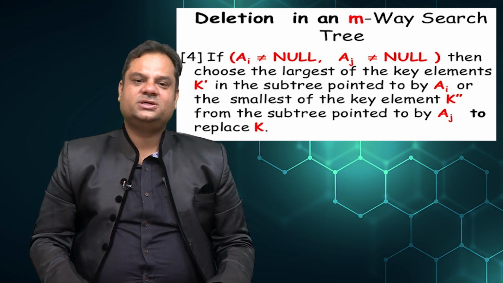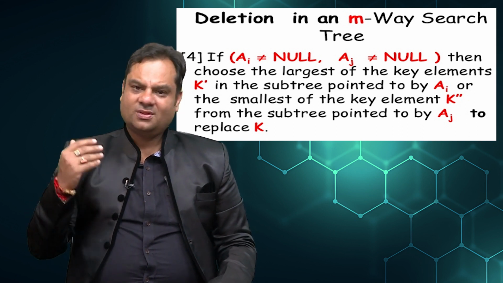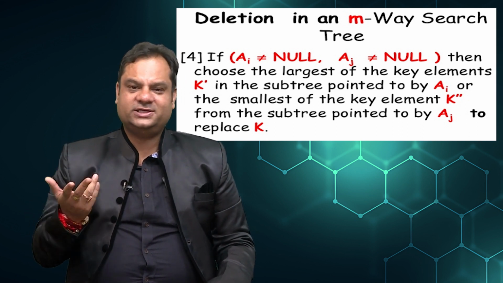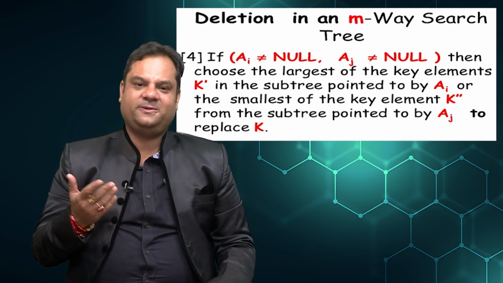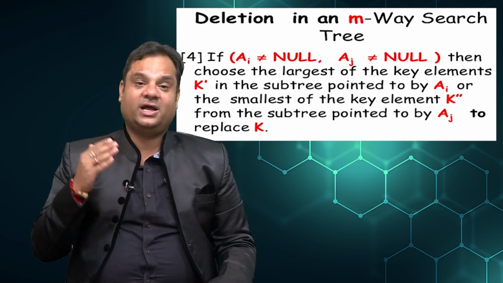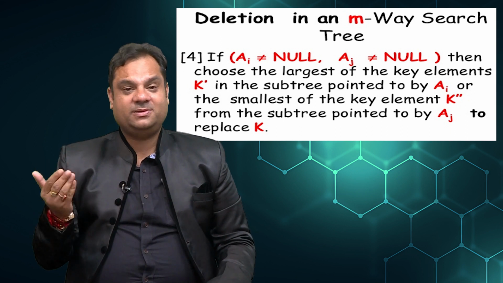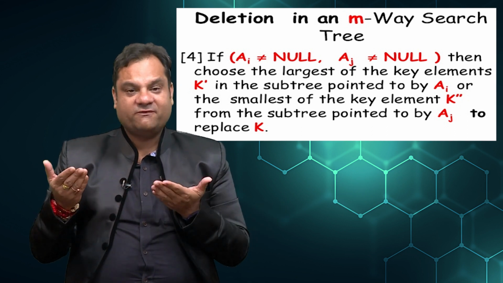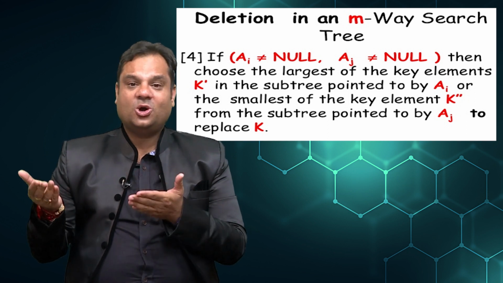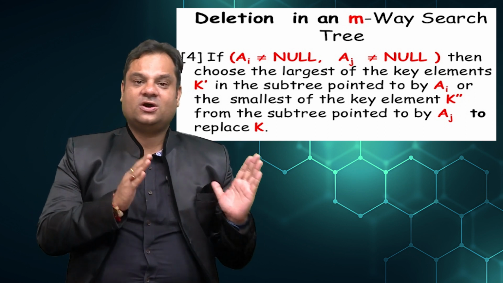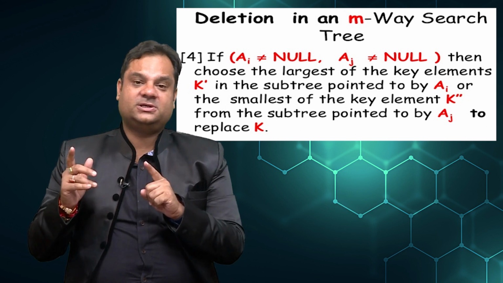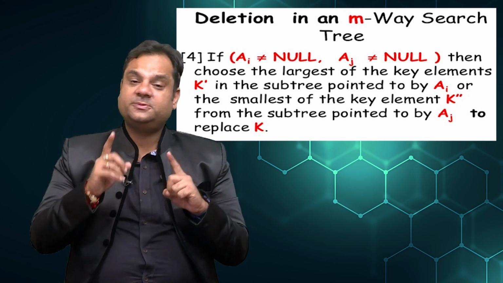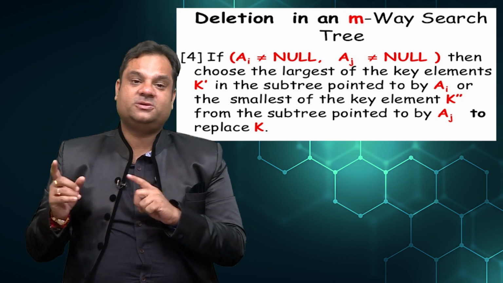Then you choose, depending on you, either the largest of the key elements from k dash, that is the largest data element from the left child in the subtree pointed to by ai, or the smallest of the key elements k double dash from the subtree pointed to by aj, to replace k.